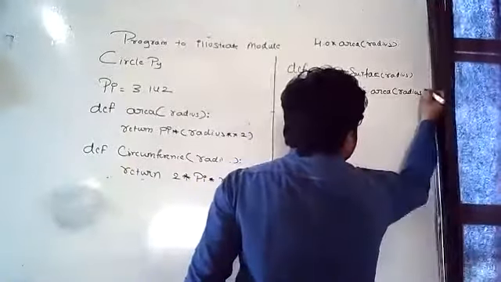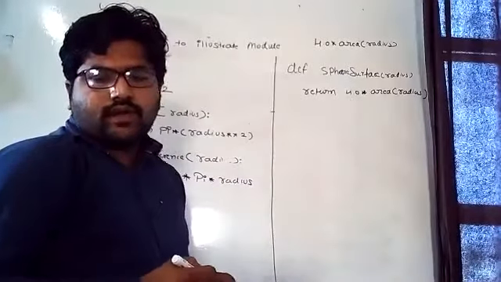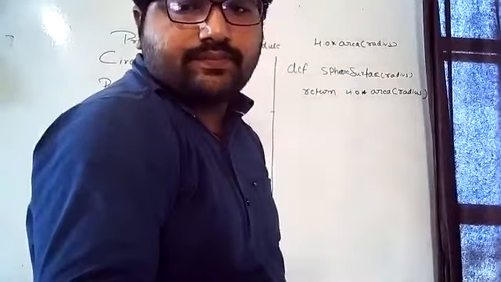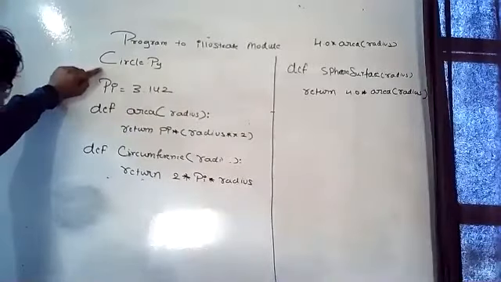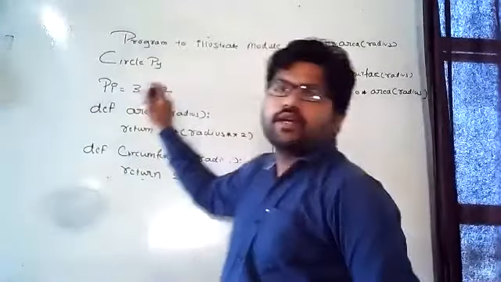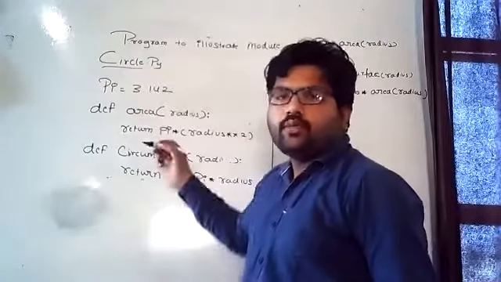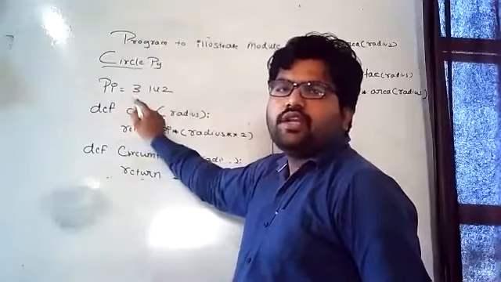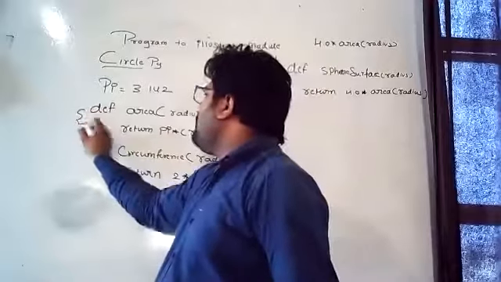I think it is visible to you. Area of radius. Clear it is. We have written a module circle.py here. The circle will be considered as a module. This module contains pi, that is 3.142.